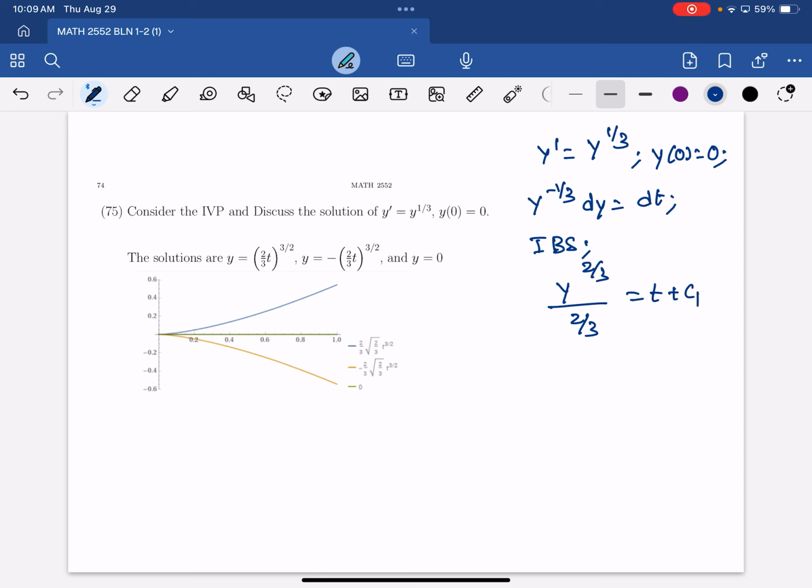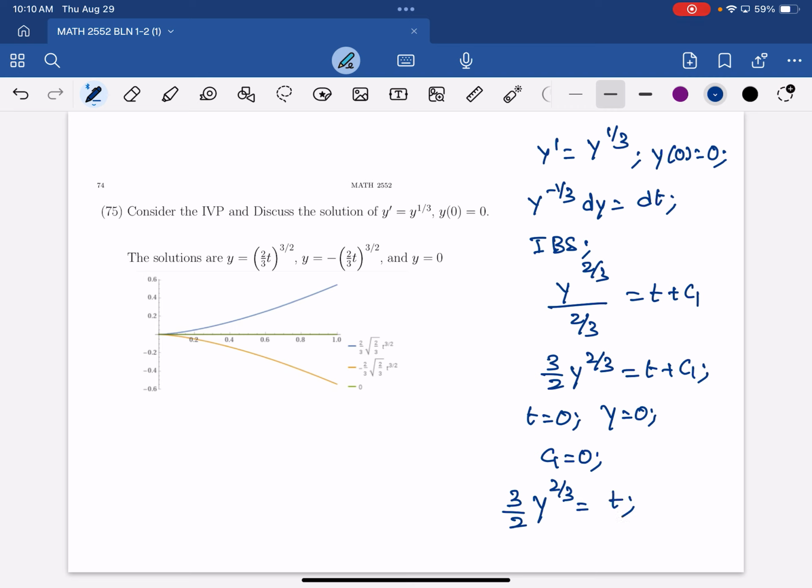Right? So that gives me 3/2 y to the 2/3 equals t plus c1. Now I use my initial value prescription, which is y of 0 is 0. So t is 0, y is 0. So when I do that, c1 is 0. So my solution is really 3/2 y to the 2/3 is going to be just t.